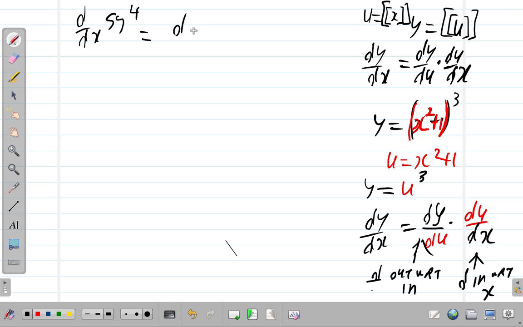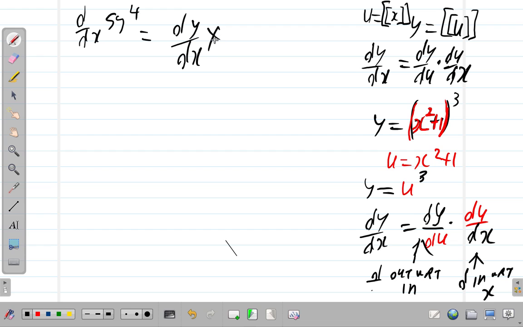So what you want to do is find the derivative of the inside first. The inside function is y. What is the derivative of the inside function with respect to x? Well, since the inside function is y, it is really the derivative of y with respect to x.